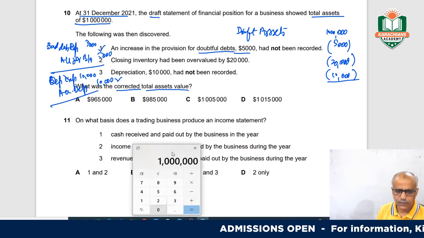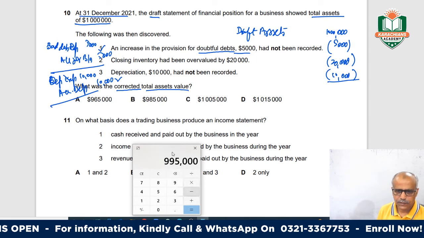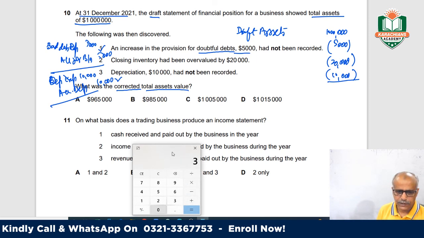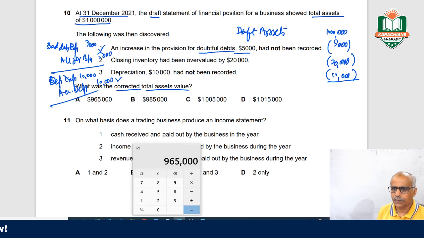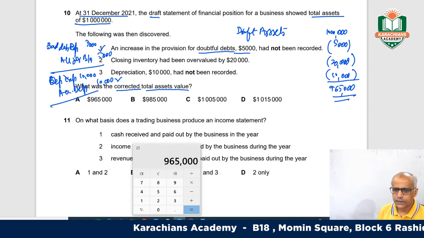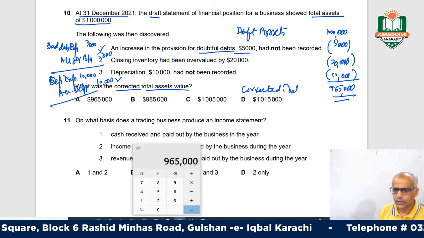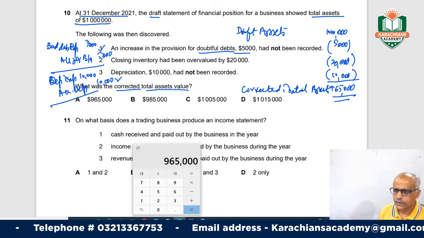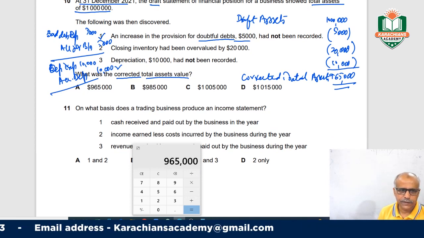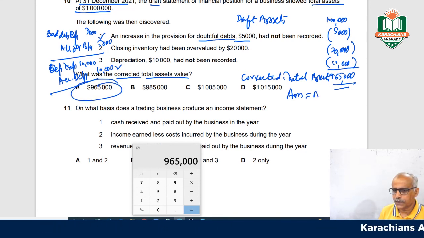This is 1 million minus, you have to deduct 5,000, then you have to deduct 20 and 10, 30,000. 9 lakh and 65,000, 9,65,000. This will be your corrected total assets. So your answer will be 965. So answer will be A. Your answer will be A.